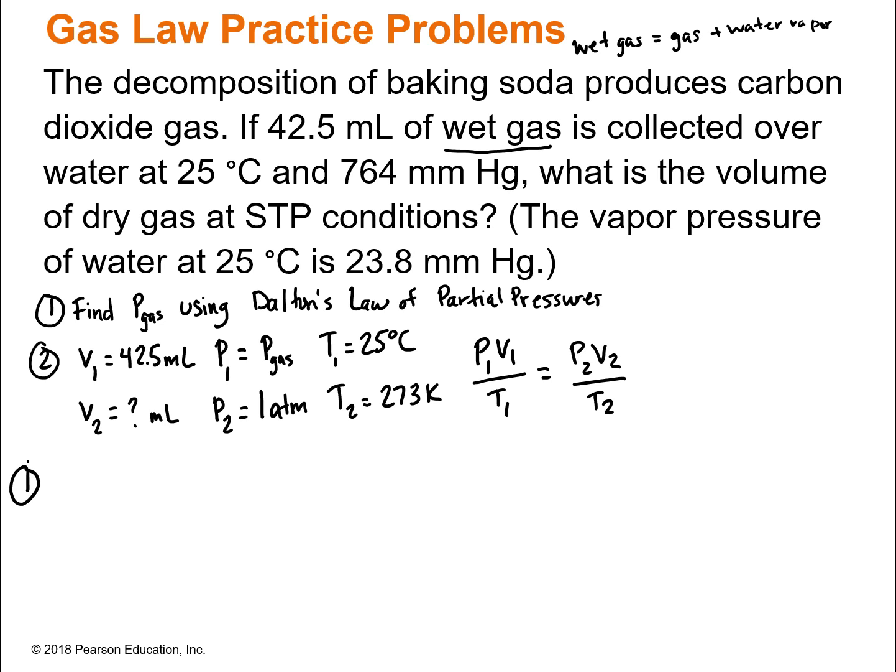So for the first part, we're going to use the total pressure, which is 764 millimeters of mercury. And we're going to subtract the water vapor.